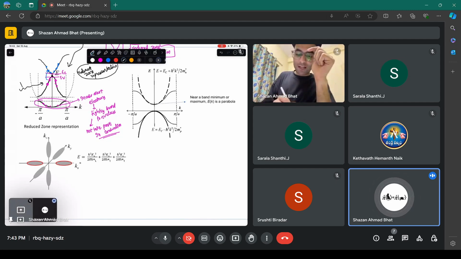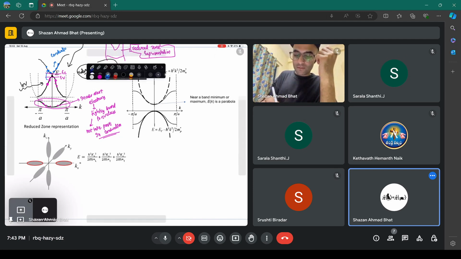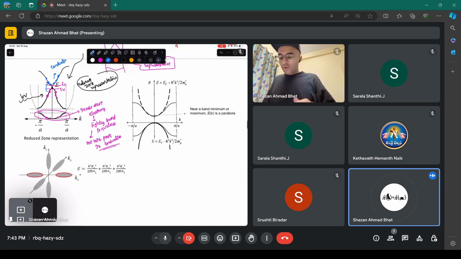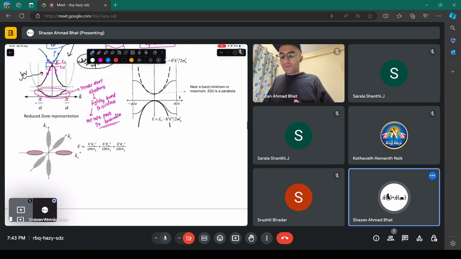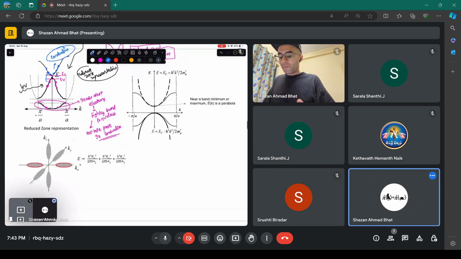You shine light, or apply some potential, or even use temperature, and you get electrons which play a part in conduction. All right, that was the entire story of these particular bands.